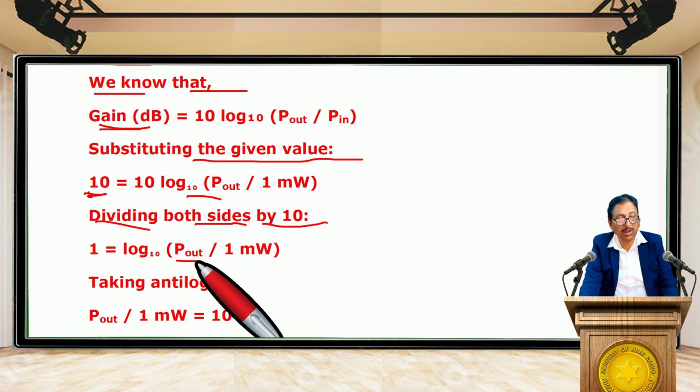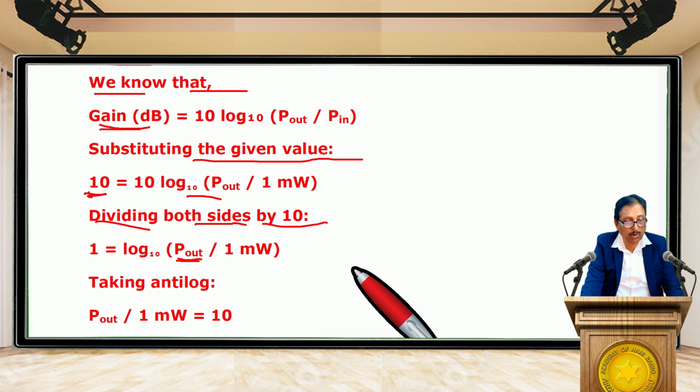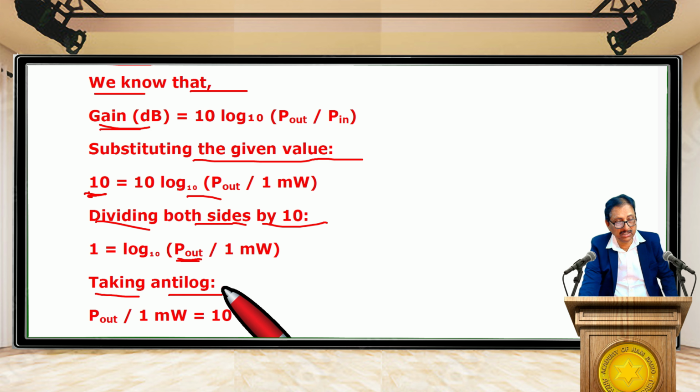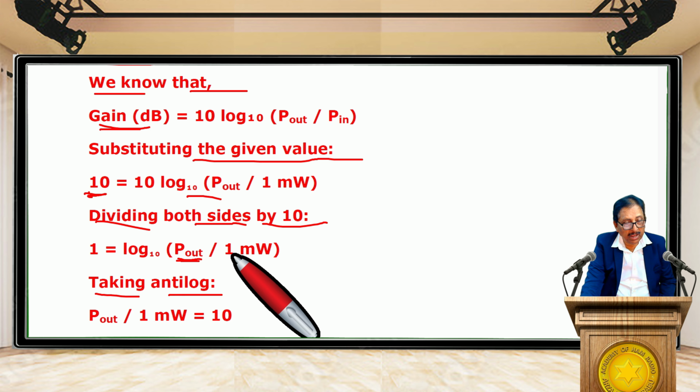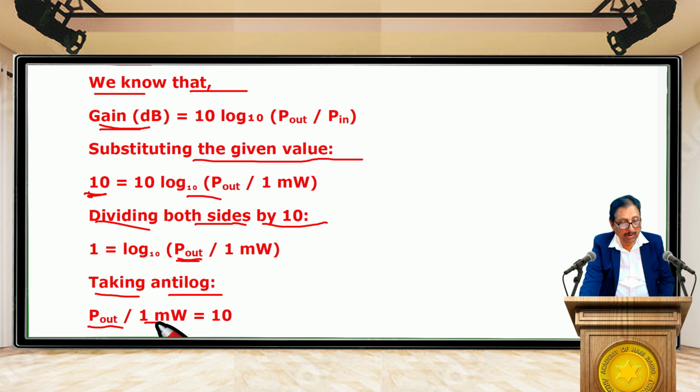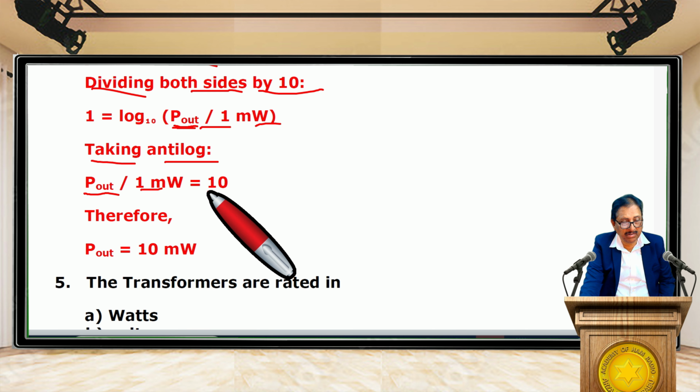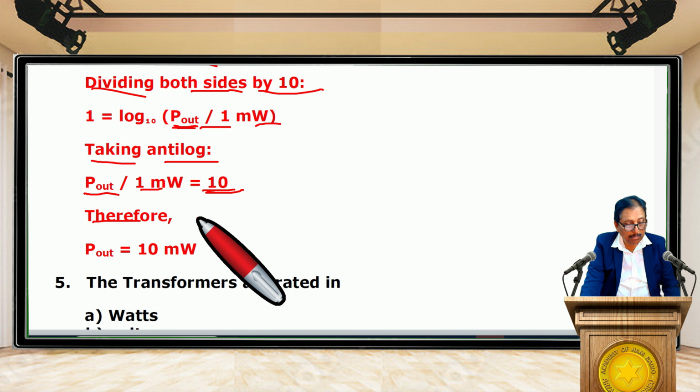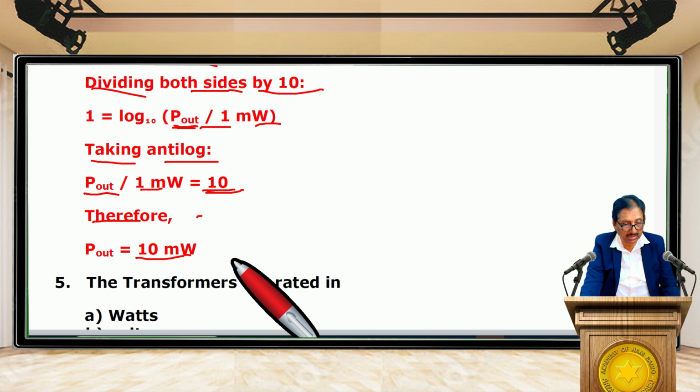So we have to find out this P out, the power output. Taking the anti-log here, P out by 1 milliwatt is equal to 10. Therefore, P out is equal to 10 milliwatts.